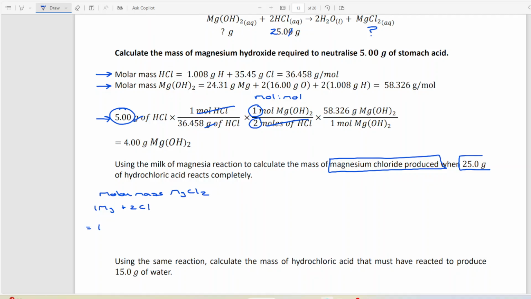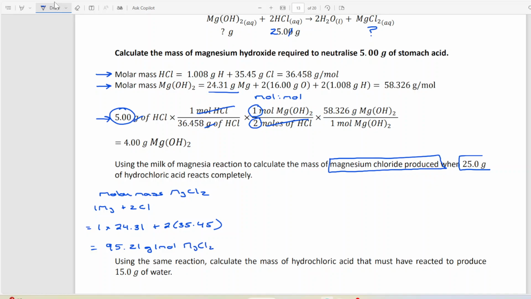And we can see above that 1 magnesium is 24.31 grams. And then the 2 chlorines are each 35.45. So then the molar mass of the magnesium chloride would be 24.31 plus 2 times 35.45, which is going to give you 95.21 grams per mole of magnesium chloride.